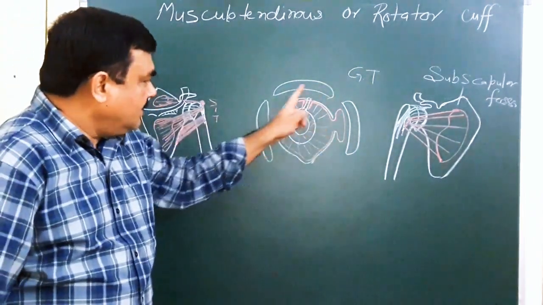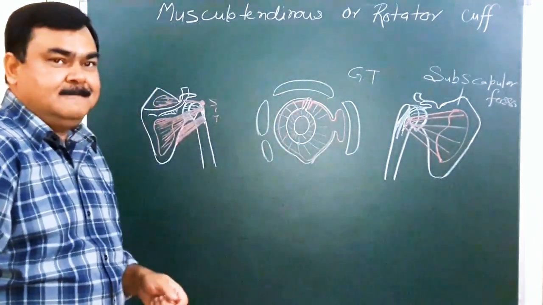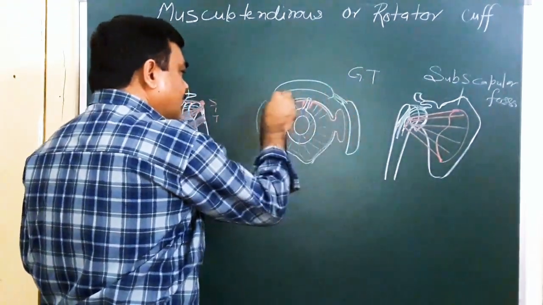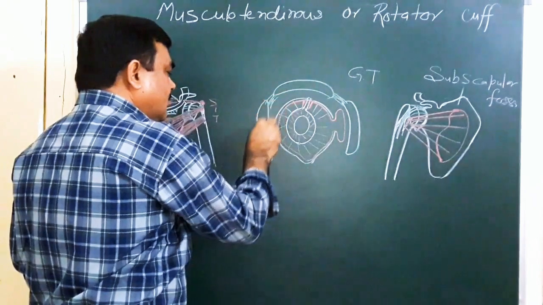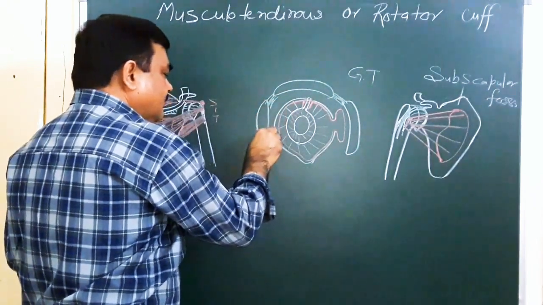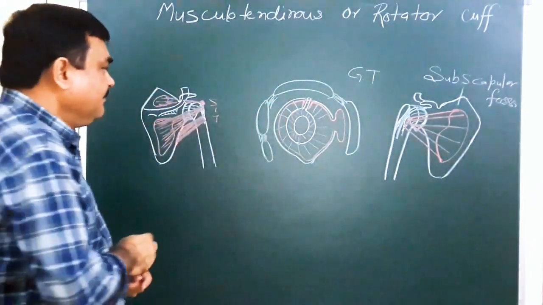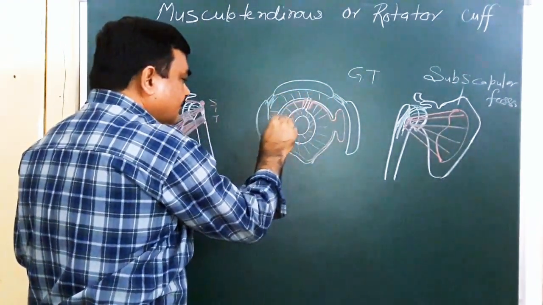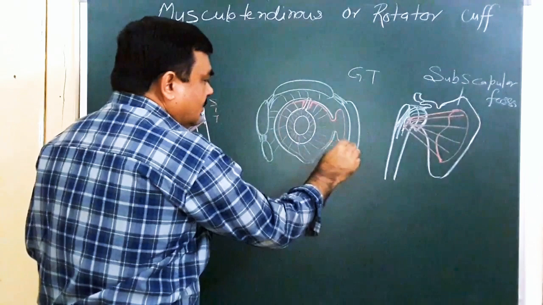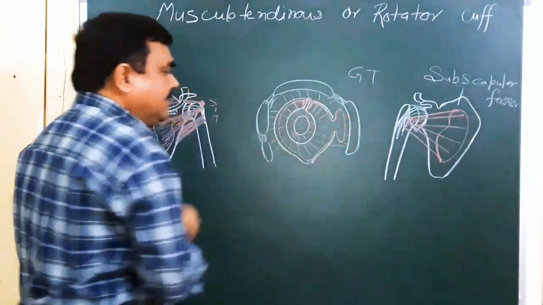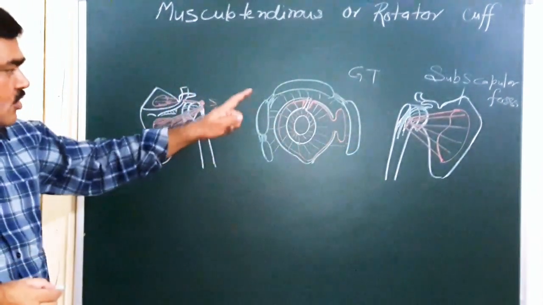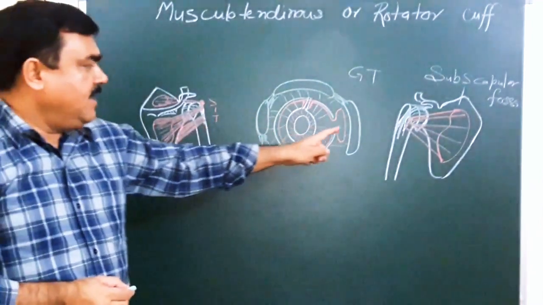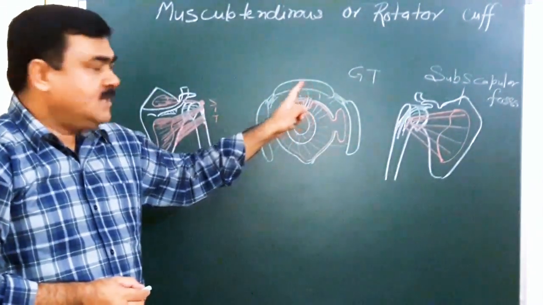So tendons of all these four muscles join with each other like this, and also join with the capsule like this. So these four muscles support or strengthen the joint from anterior aspect, superior aspect and posterior aspect.